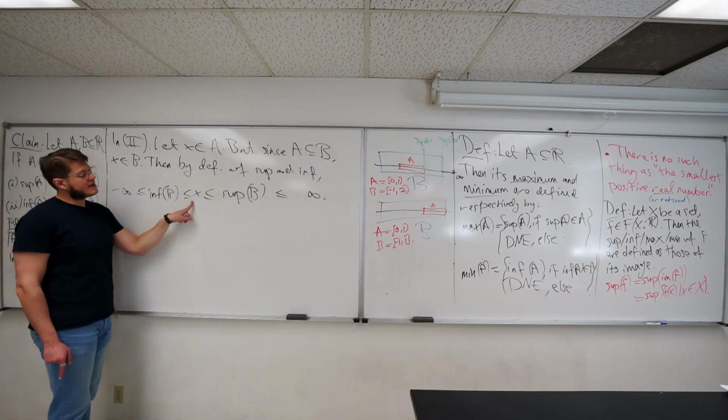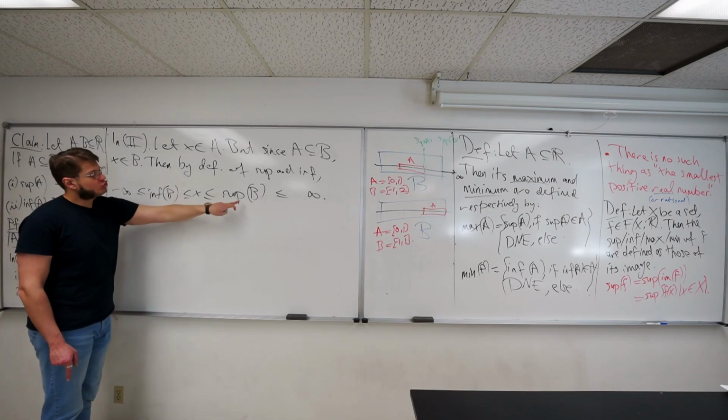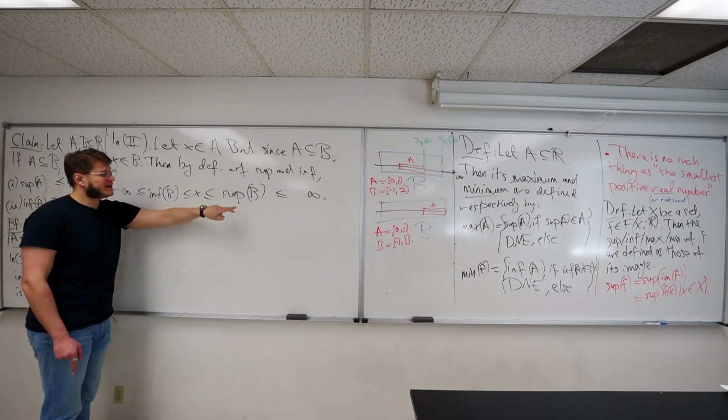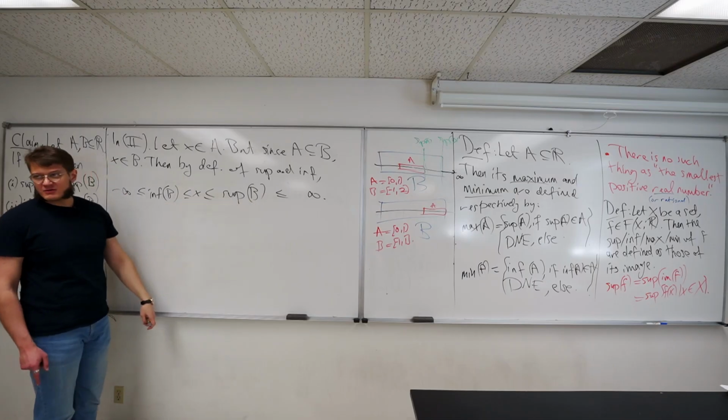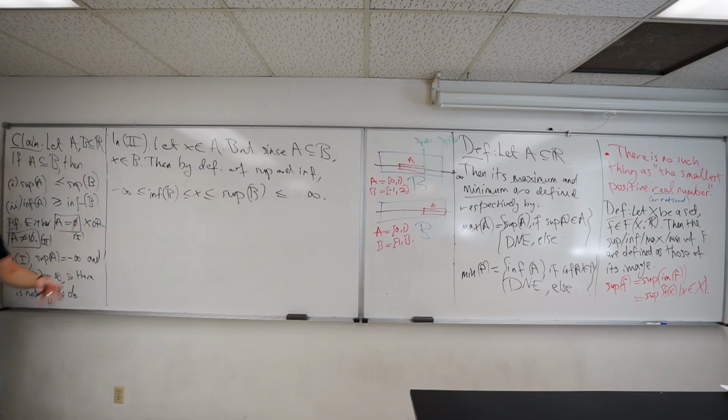But then this really says that sup of B, this extended number, is an upper bound. Either it is infinity, in which case it is not technically an upper bound, but in which case there's nothing to do anyway.